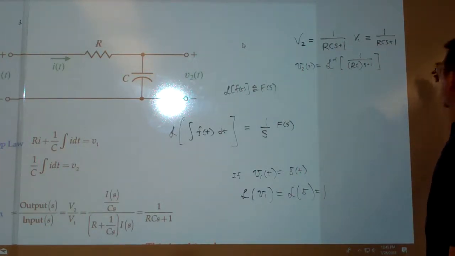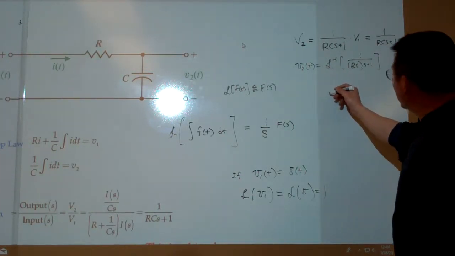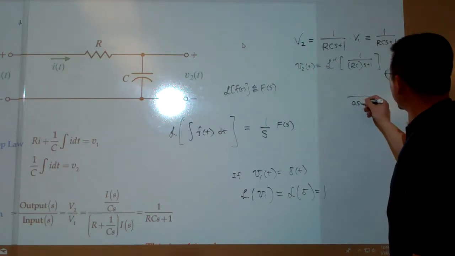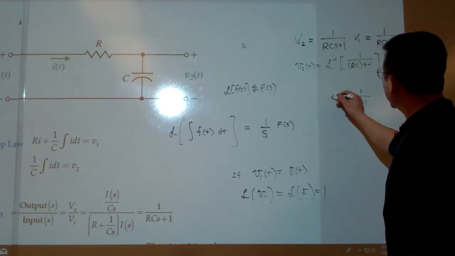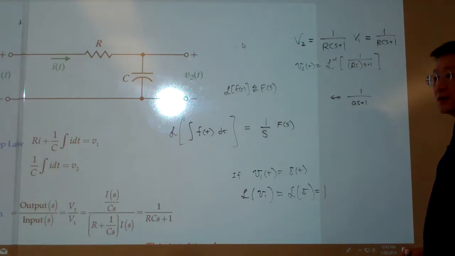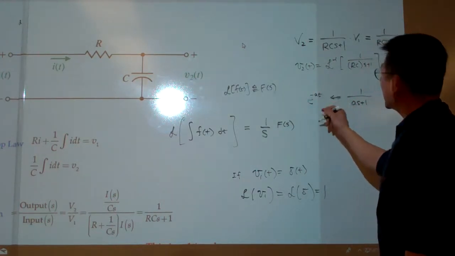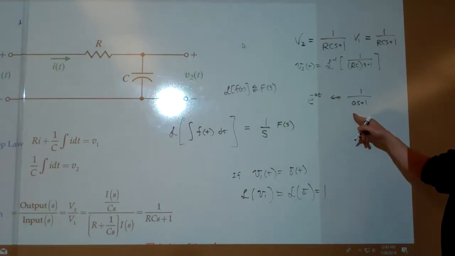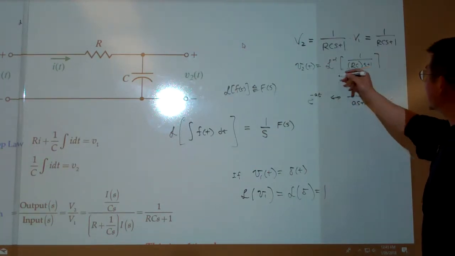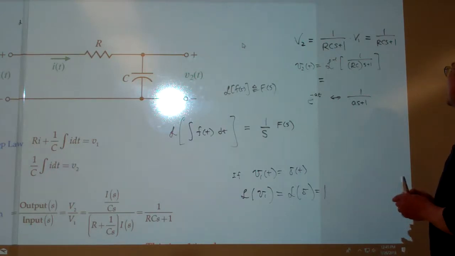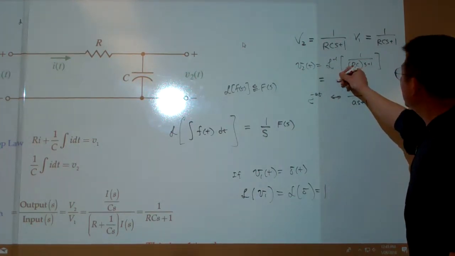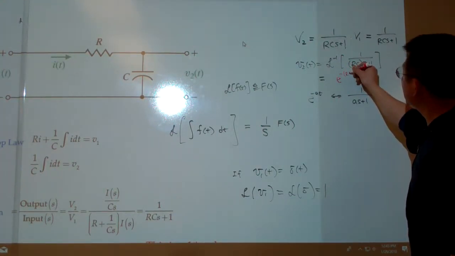And if you remember again, we have 1 over AS plus 1, and that one corresponds to e to the minus t over A, from the tables. So from here, this one will be equal to e to the minus t over RC.